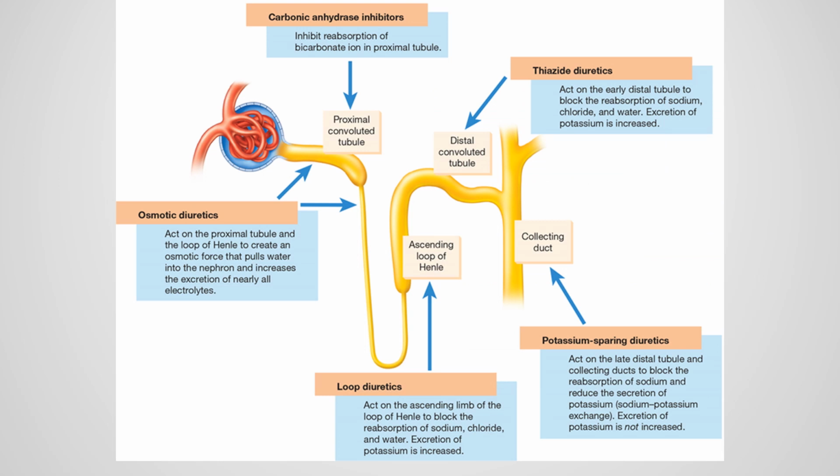Okay, so this slide we've seen before. Under osmotic diuretics, you can put mannitol. Under carbonic anhydrase inhibitors, you can put acetazolamide. Under loop diuretics, you can put furosemide and bumetanide. Under thiazide diuretics, you can put hydrochlorothiazide.